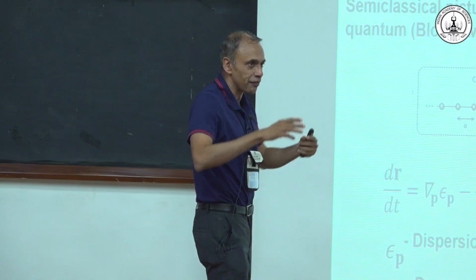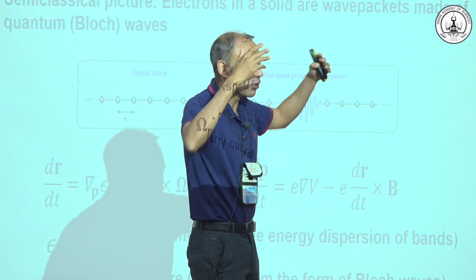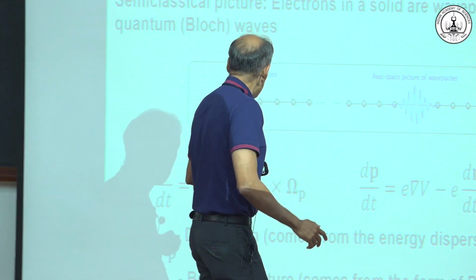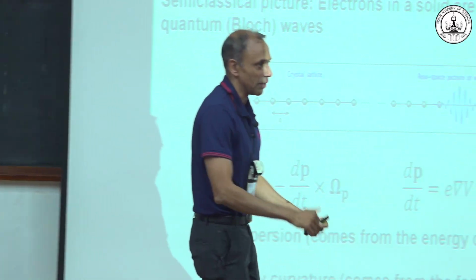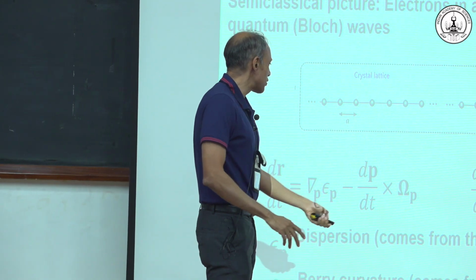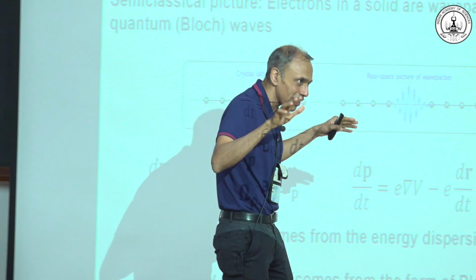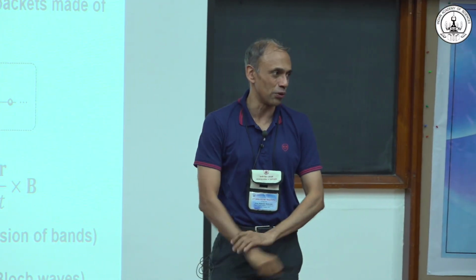So if by quantum potential you mean the periodic potential and the quantum effects of that, the most important place where that goes into all of this is in the form of epsilon of p. And this also is a quantum quantity, because when I say the form of the Bloch waves, it actually comes from the wave functions of the Bloch waves. So that's also a completely quantum quantity.